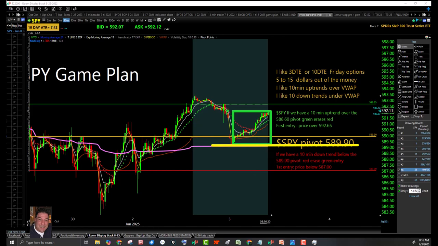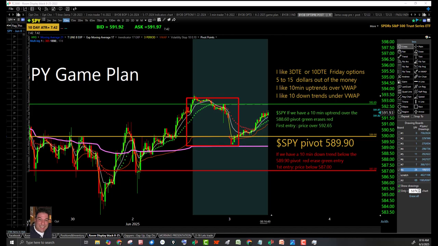On the flip side, let's trash that out. If we have red erases green, erases red. So what would the red be? The red would be, trash that out, get the box. A pullback from this area right here, pull back from this area down to there.